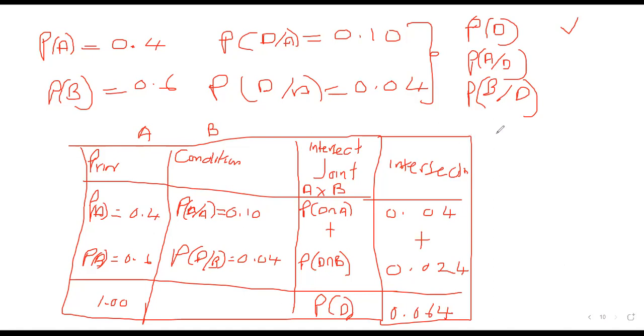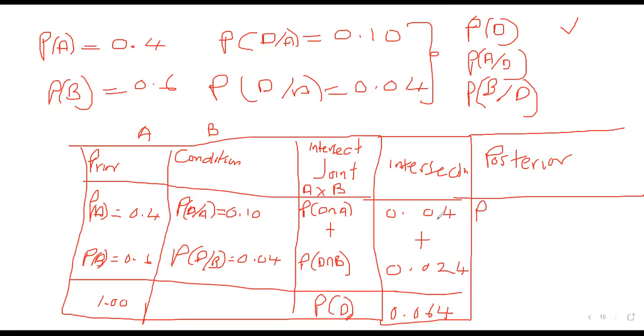Then when we go to what is called the posterior, this is the most important probability. It should also add up to 1. This is the prior and this is the posterior. So to find the posterior, we divide each of the intersections over the total here.